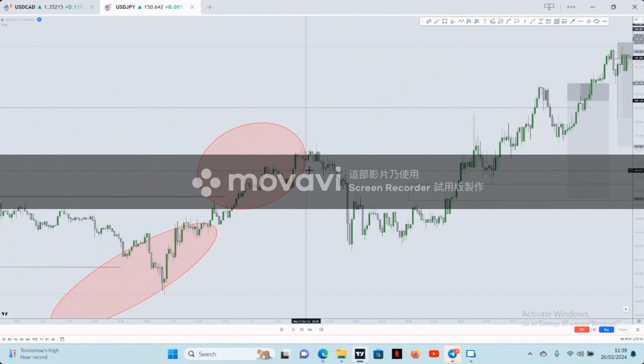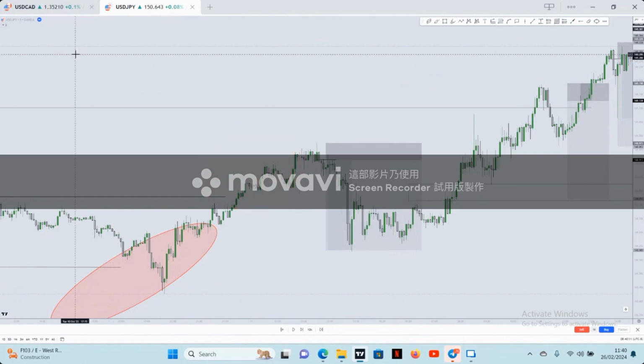This was the structure shift right here. And now this is where you get your entry, about 4 to 5 from this point. I just pray it gets to that point. The stop loss will most likely be around here, 1 to 5. So this should be a win.